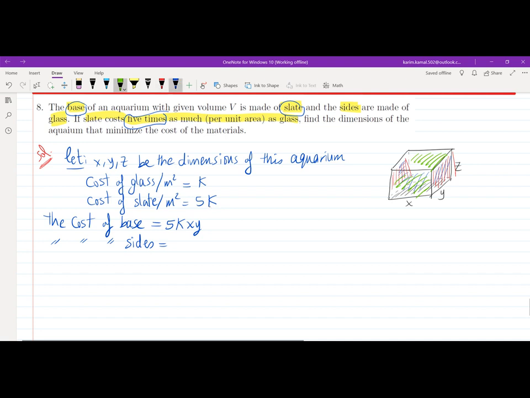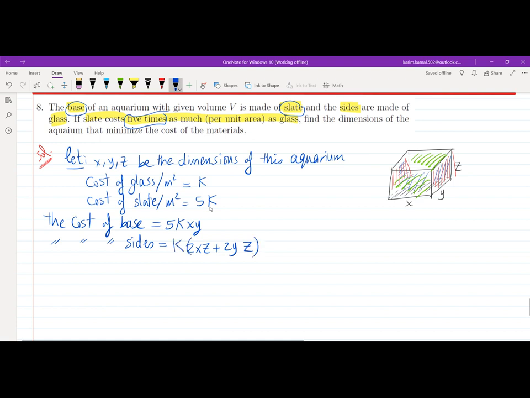The area of these faces will be 2xz for the two faces plus 2yz for the other two faces, and we will multiply this by K, which is made of glass.